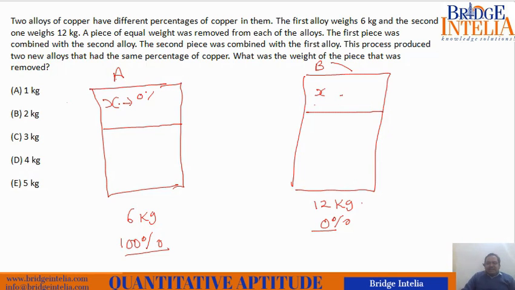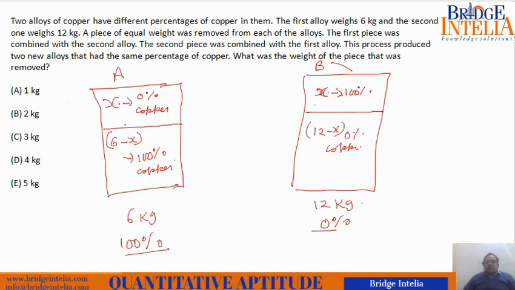This x contains 0% copper, whereas the remaining 6 minus x kgs is entirely copper, 100% copper. In case this x kg has come from this alloy, it is pure copper, 100% copper, whereas the remaining, that is 12 minus x, is 0% copper.